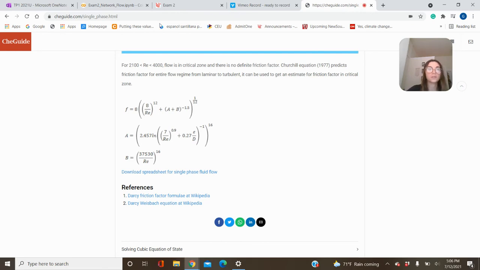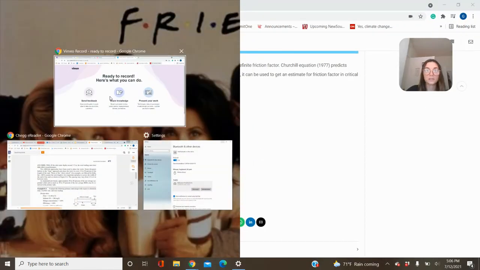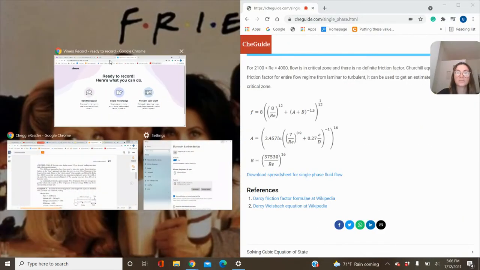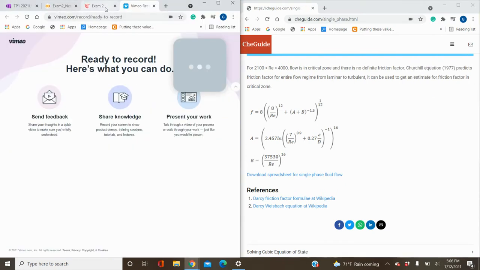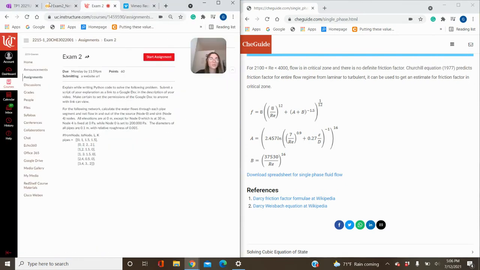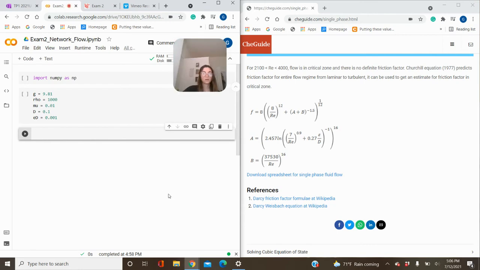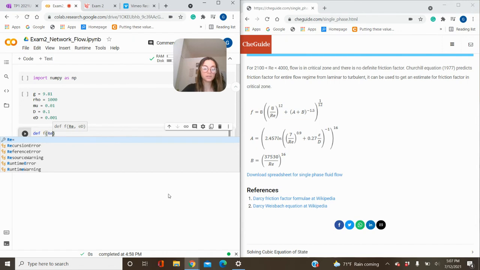So what we need to do is put in our code, do a side by side, to make this a little easier. We're going to define a function of the Reynolds number and our roughness factor.